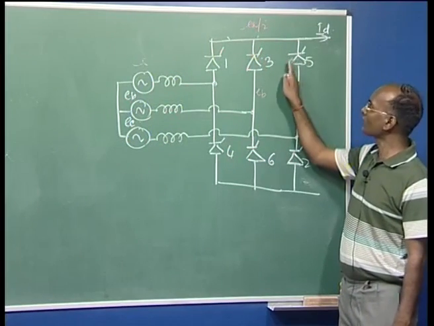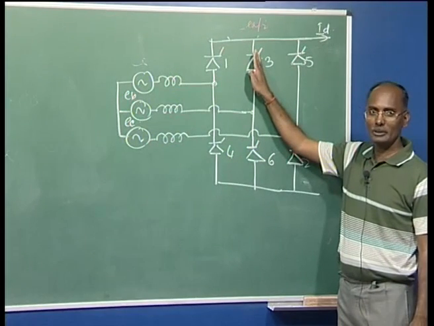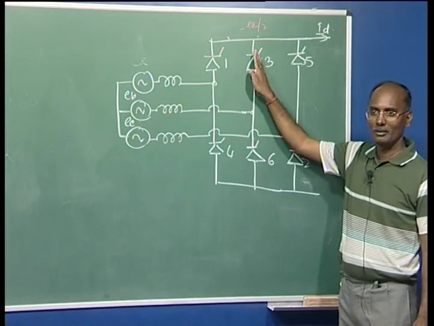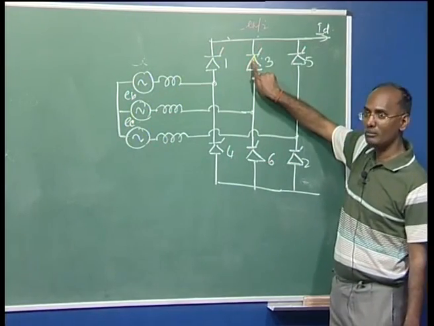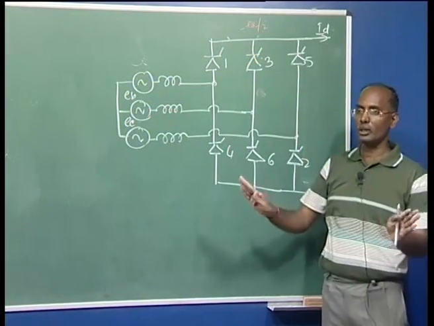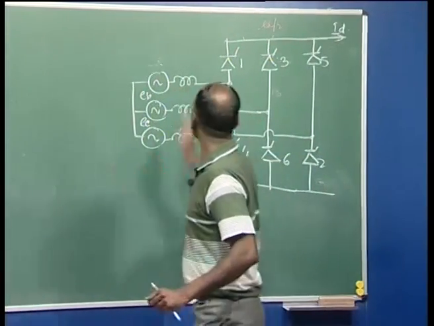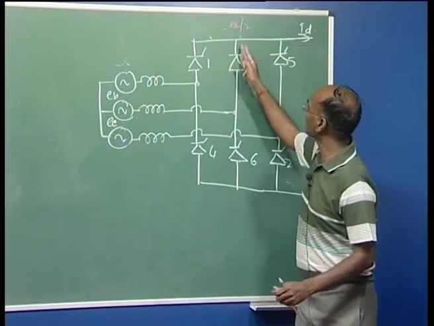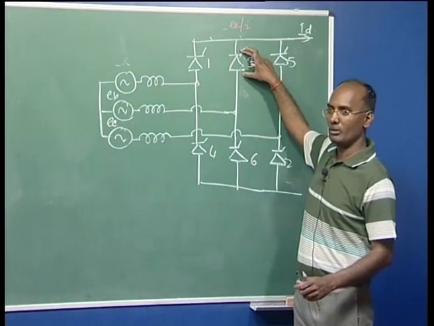Even though there is a commutation here, this is conducting, so the voltage across this will be 0, because it is automatically going to take it. There is no doubt it will be 0 once it is conducting, as per our assumption. So this is conducting and this is also conducting, and the voltage across this will be 0.